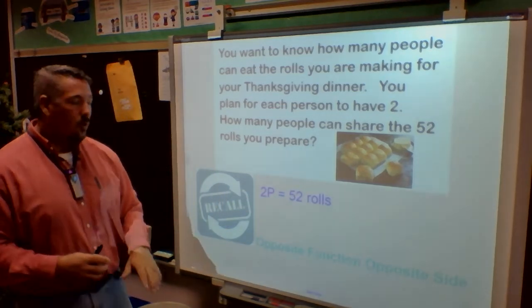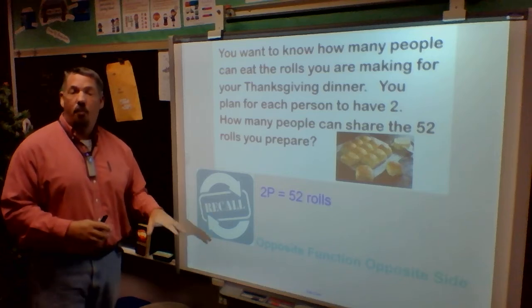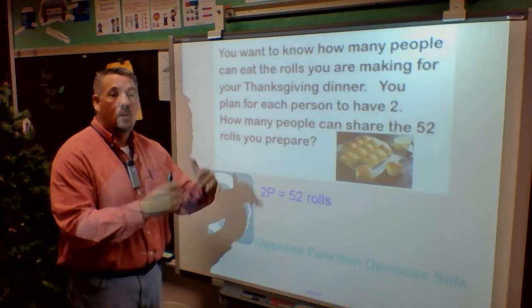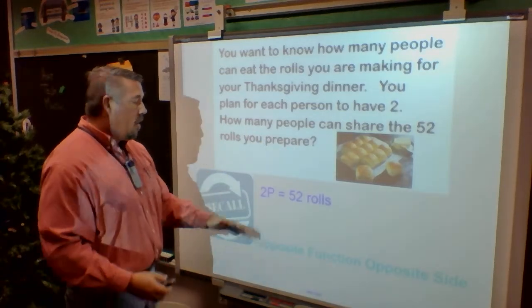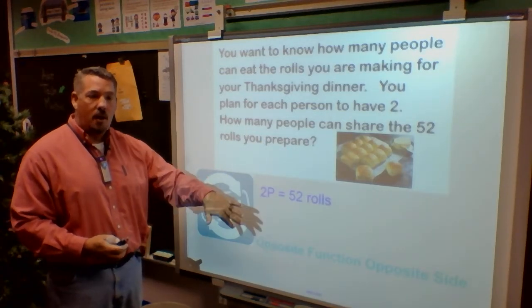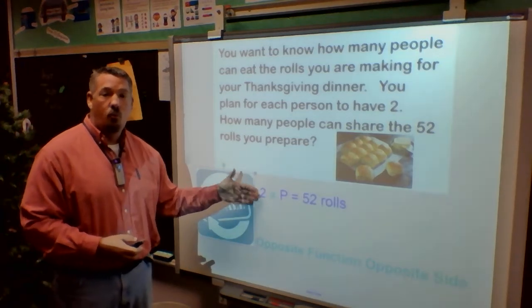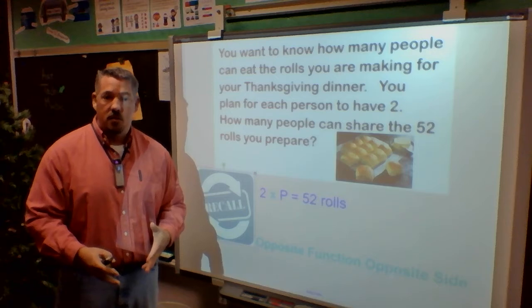If you recall from 10.1's video, we talked about doing the opposite function, the opposite side. And if I'm looking at what 2p is, I know that every person is going to be allowed to have 2 rolls, so it's multiplication.